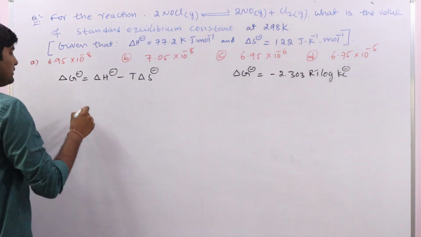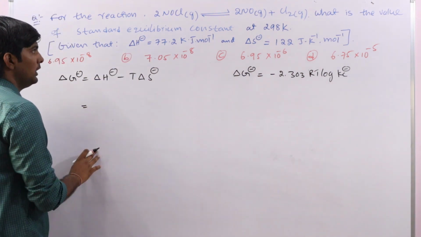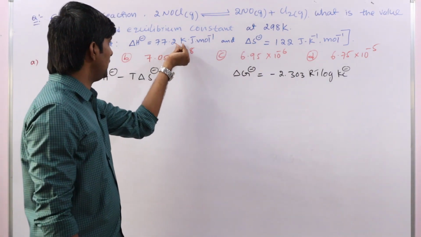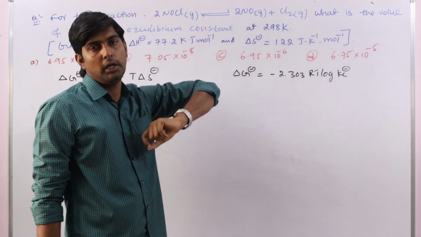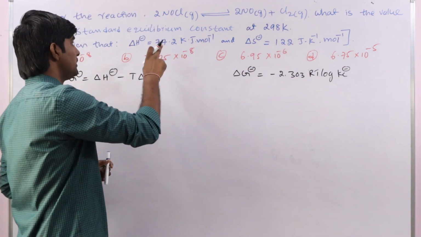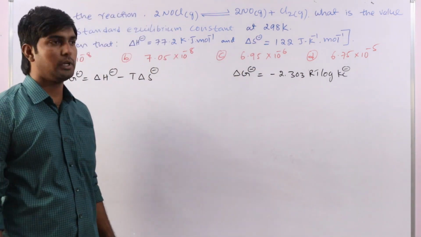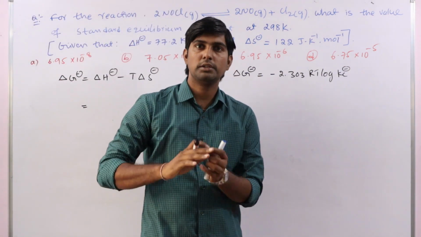Let us substitute the given values. Delta H naught is given in kilojoules per mole and delta S is given in joules per mole. So either you should convert delta H into joules or you should convert delta S into kilojoules, because all should be in the same units.